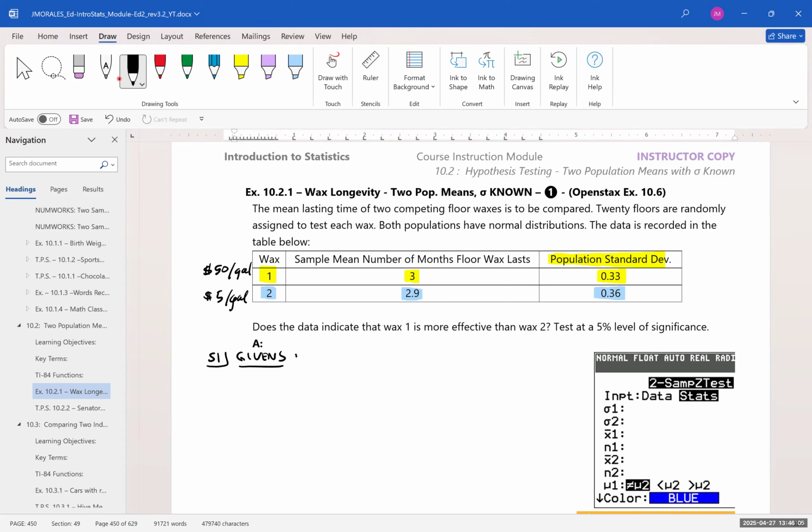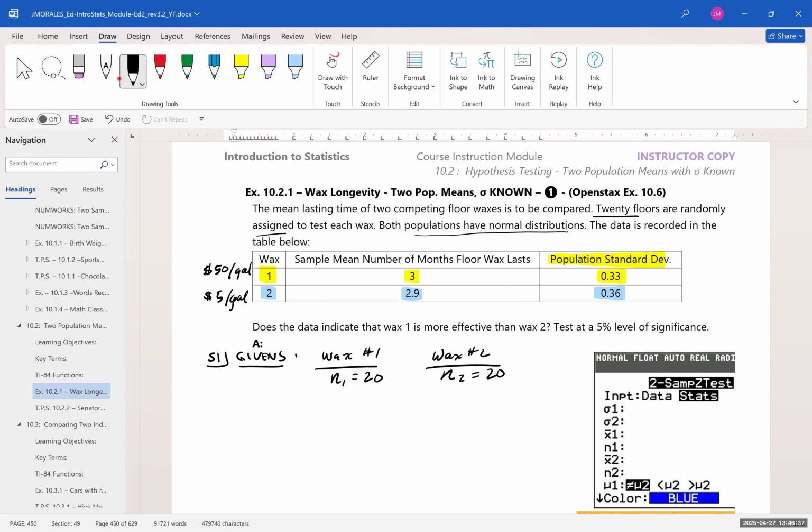So we've got wax number 1 and we have wax number 2. And so 20 floors were randomly assigned to test each wax. So the sample size of wax 1 was 20, and the sample size of wax 2 was also 20. Both populations have normal distributions. The data was recorded as such.